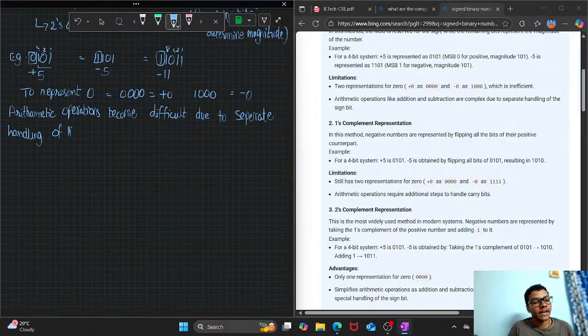So you need to separately handle the MSB again, which is complicated to do. So it is difficult to implement in computers.